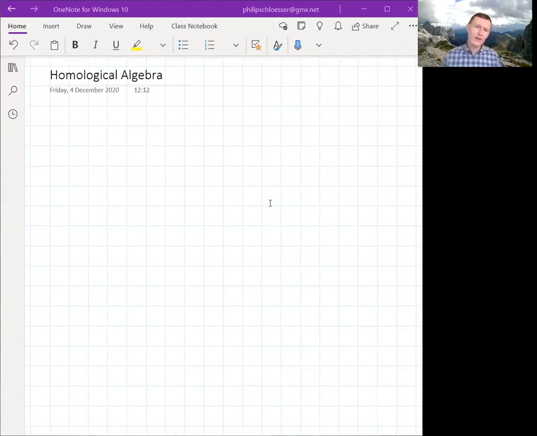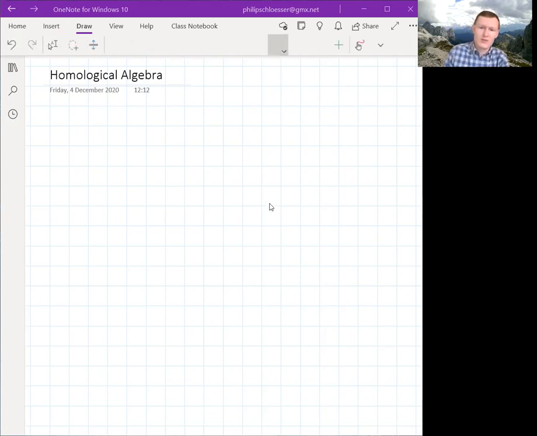The general motivation is that a lot of global properties of algebraic or geometric objects can be somehow described or encoded with either a homology theory or a cohomology theory.